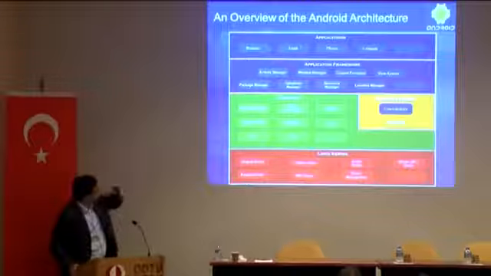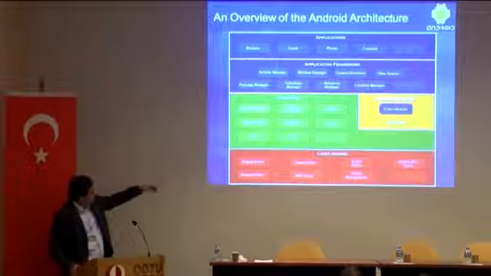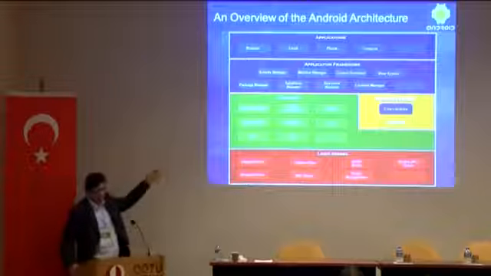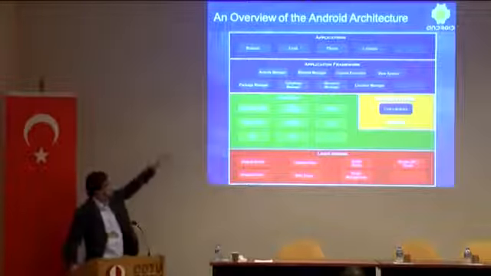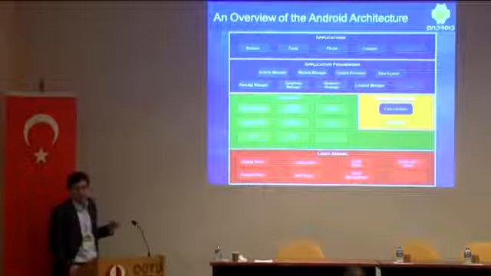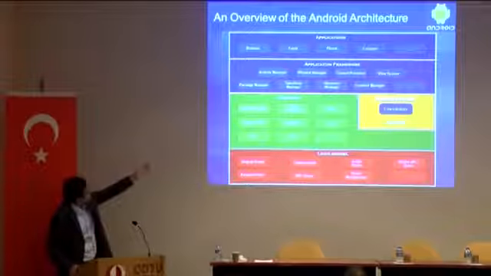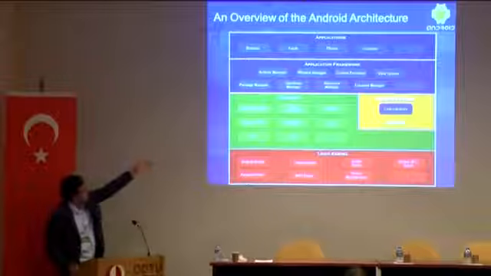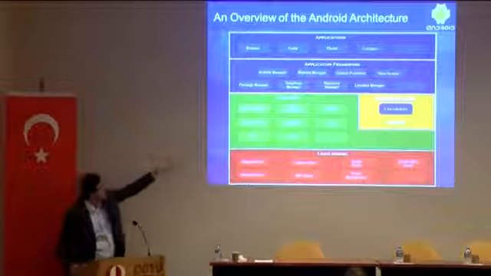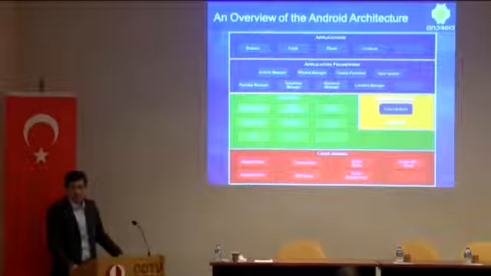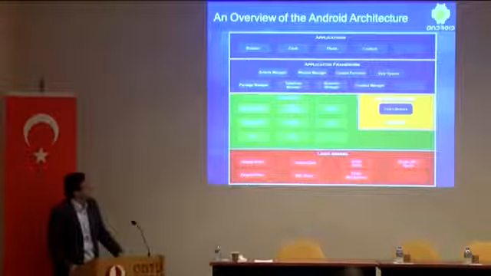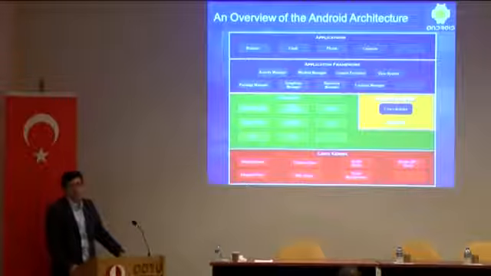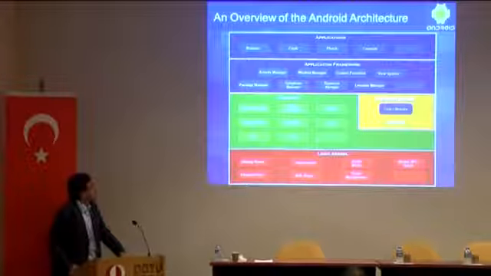So the reason that I'm mentioning this is that we look at the automated tests for each and every one of those modules and packages. On libraries, you have Surface Manager, OpenGL, Media Framework, SQL Server, and etc. So those are the libraries of Android, and then you have the Android runtime, which is the JVM, Java Virtual Machine.